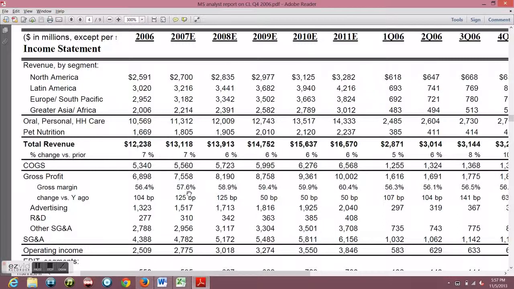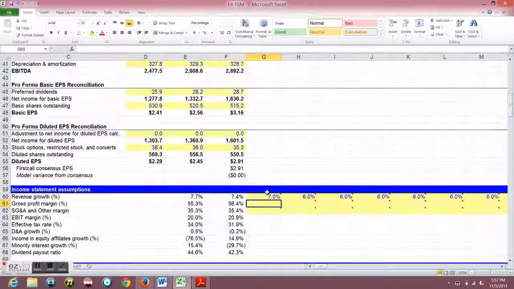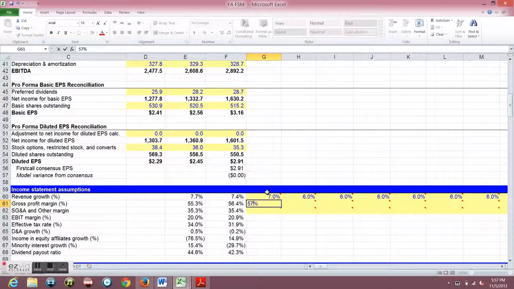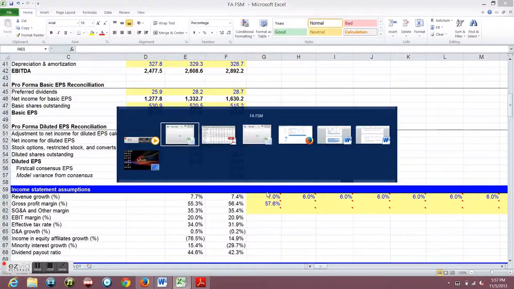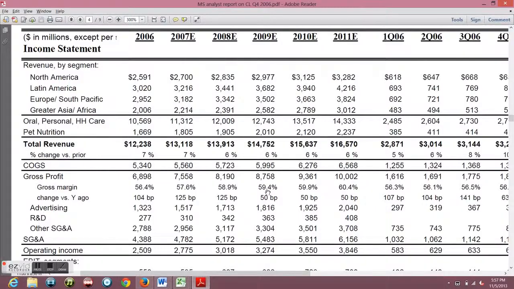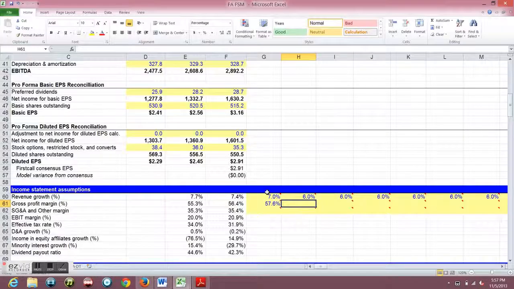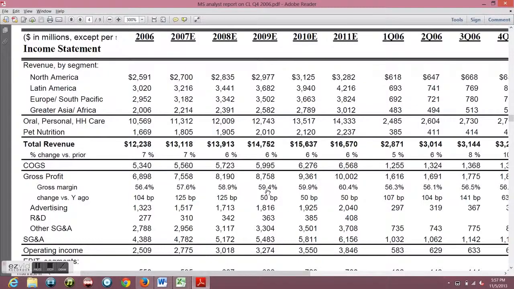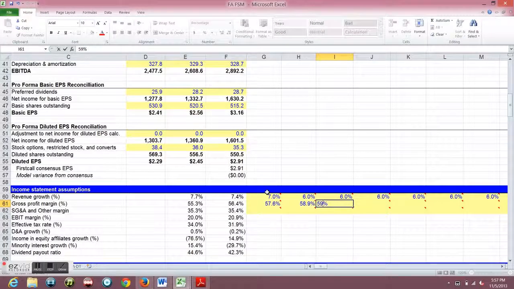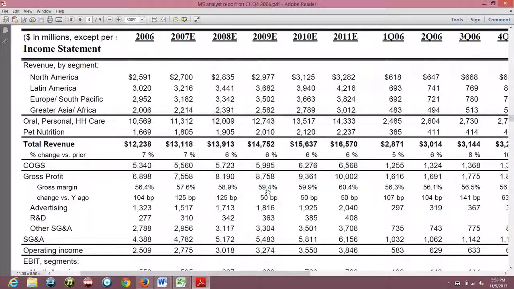So we're going to do 57.6, 58.9, 58.9, 59.4, 59.9, 59.9, and then we're going to get 60.4.